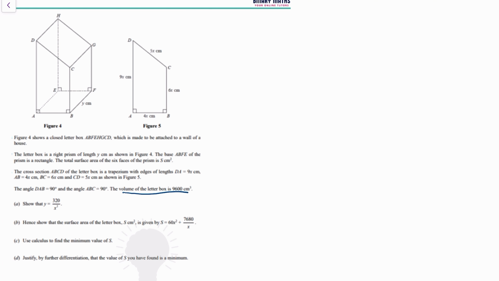The volume of the letterbox is 9,600. That's important, so let's write that down first. V is equal to 9,600. Show that y is equal to 320 over x squared. So first, volume is equal to area of cross-section times length.